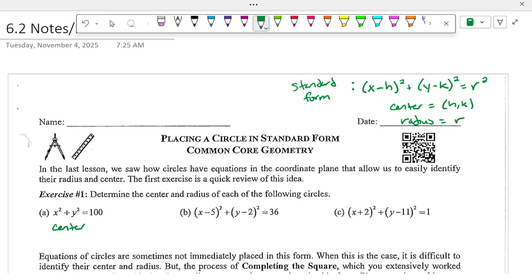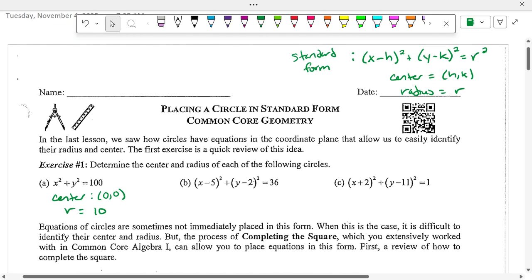So the first one, it gave you the equation. What's the center? 0, 0. What's the radius? 0, 0. Because there's nothing being added or subtracted to it, so it's 0. There's always a 1 in front of x. But we're talking about subtraction and addition. If it was multiplication, it'd be 1. But we're talking about subtraction and addition, so 0.